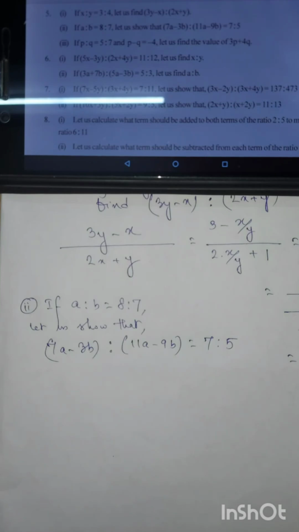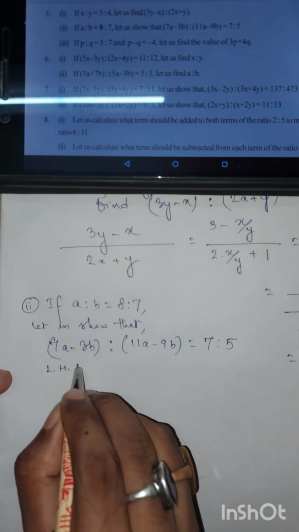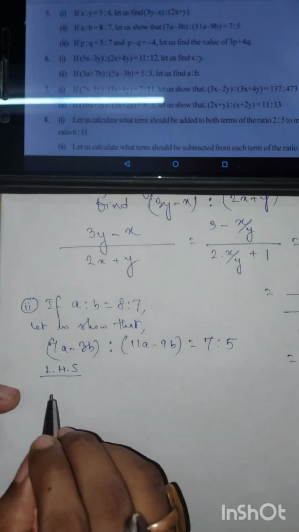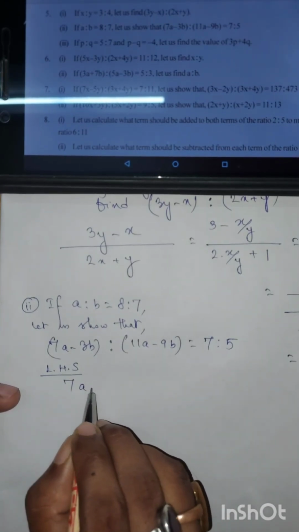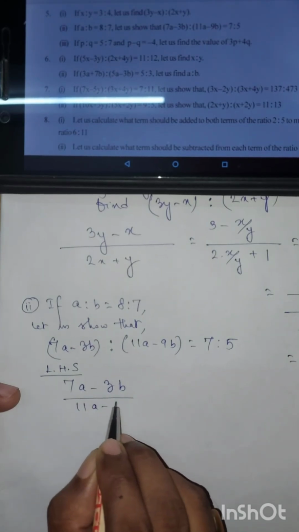So this is our question 2. Now let us try to show it. Okay. So LHS says 7a minus 3b by 11a minus 9b.